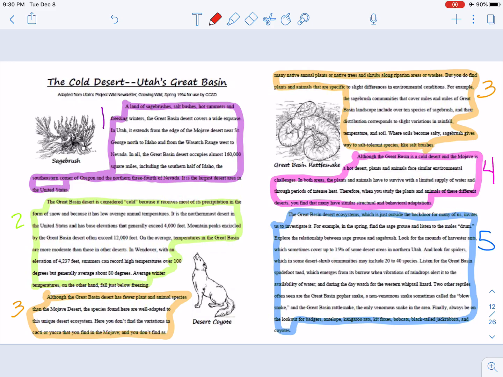In all, the Great Basin Desert occupies almost 160,000 square miles, including the southern half of Idaho, the southeastern corner of Oregon, and the northern 3/4 of Nevada. It is the largest desert area in the United States. Okay.